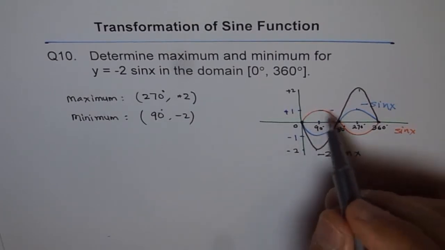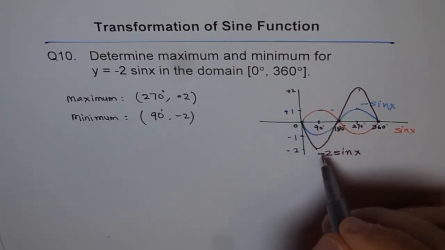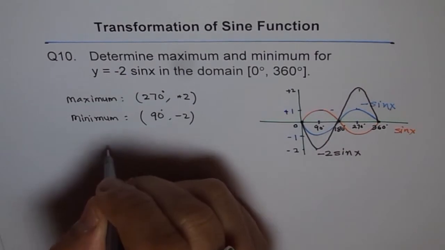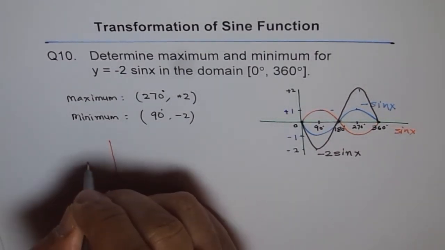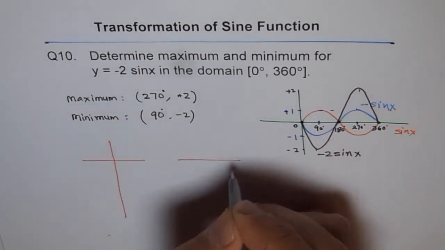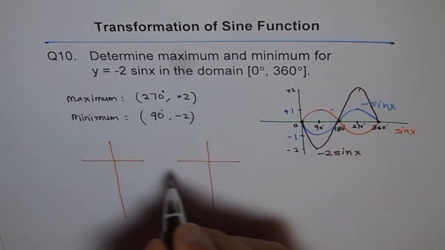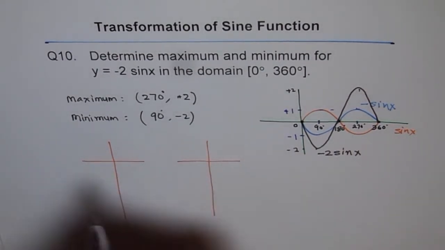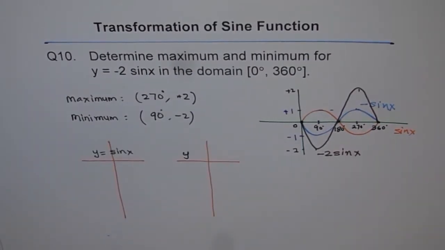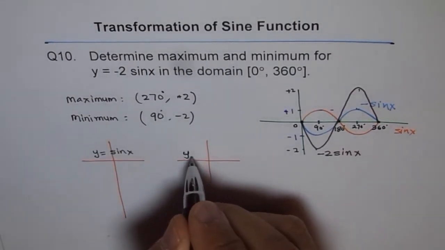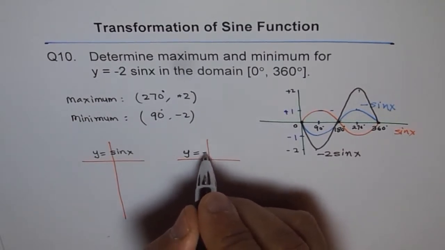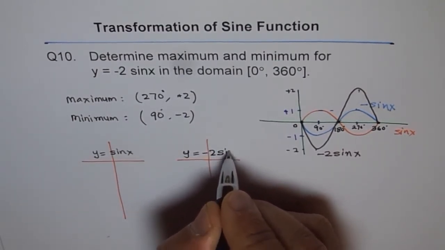Whenever we do the transformation, the points get transformed. And we will see how they get transformed, right? Let me make one table of values for the original function y equals to sine x and the other for y equals to minus 2 sine x. This is for y equals to minus 2 sine x, right?